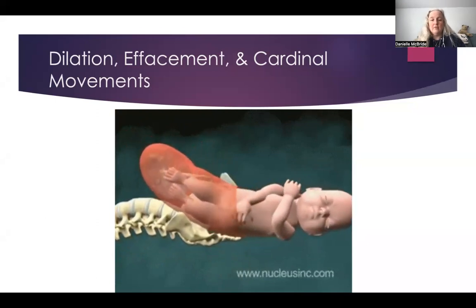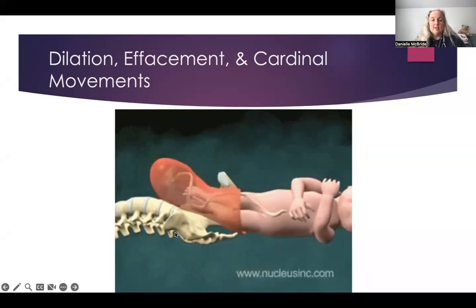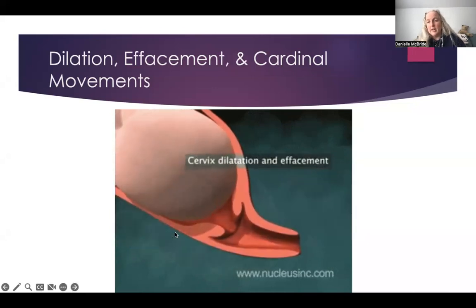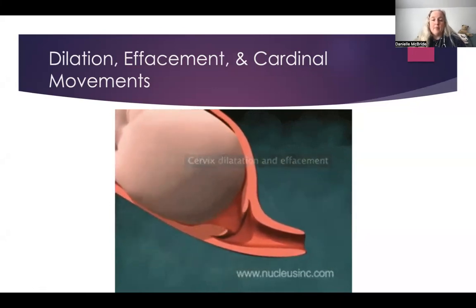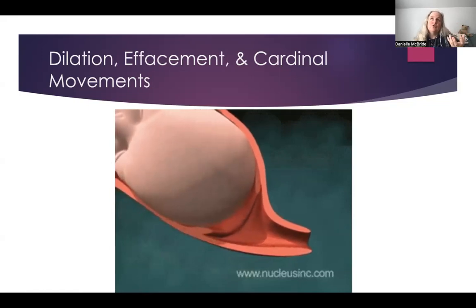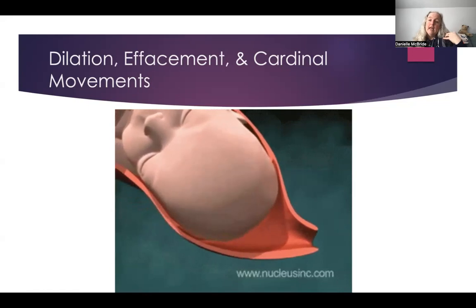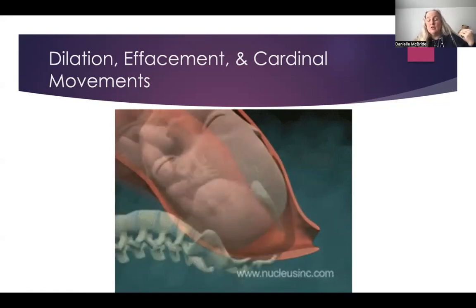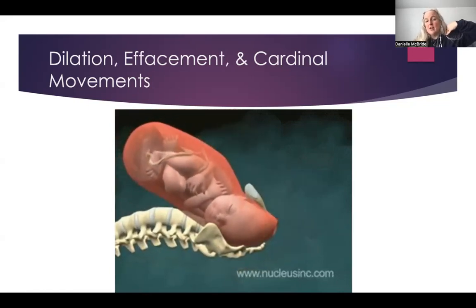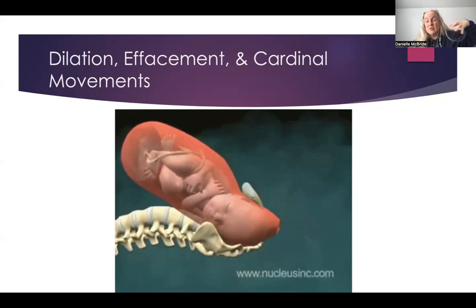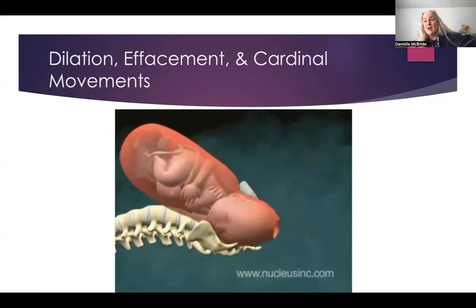One thing to be mindful of is if we're watching how this plays out, and this is just going to play again, as we watch this happen, you can see on the external rotation how the baby's shoulder is underneath the pubic bone. If it happens that as the baby externally rotates, the shoulder catches onto the pubic bone, that creates a shoulder dystocia where now our baby is stuck.